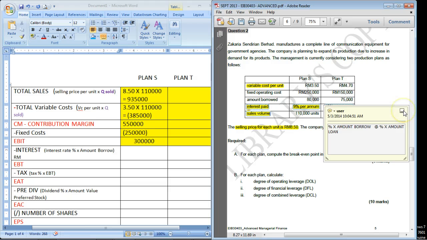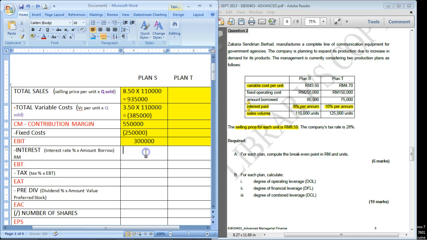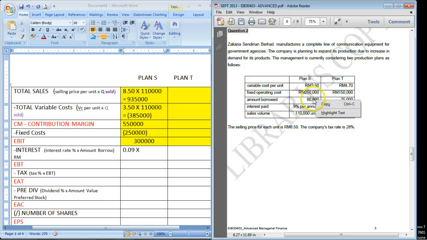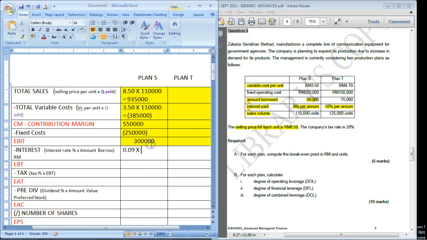Okay. So what is the percentage now? Interest rate is 9%, 0.09. Repeat, you need to change to decimal. 9%, 0.09 times amount borrowed. Oh yes, we have found it. Remember, you are doing plan S, so make sure you are doing plan S. Don't take plan T. Okay, so 80,000.